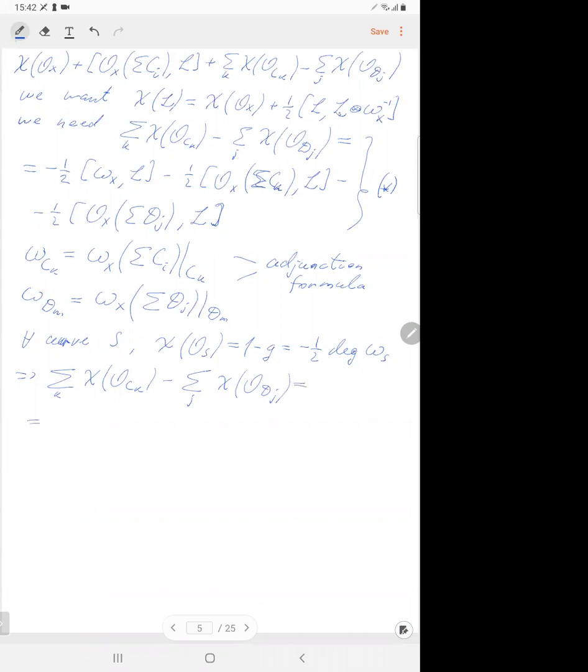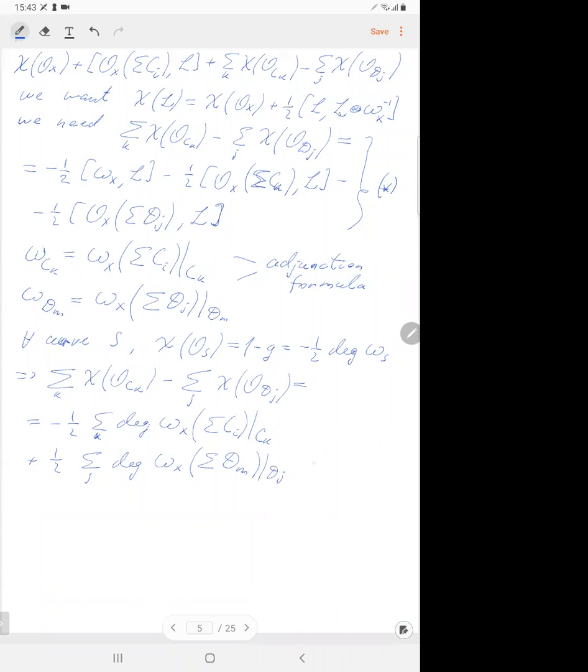And we know that this is minus 1/2 sum over k degrees of omega x sum of c i's restricted to ck plus 1/2 of the sum over j degrees of omega x sum of d whatever m's restricted to dj.